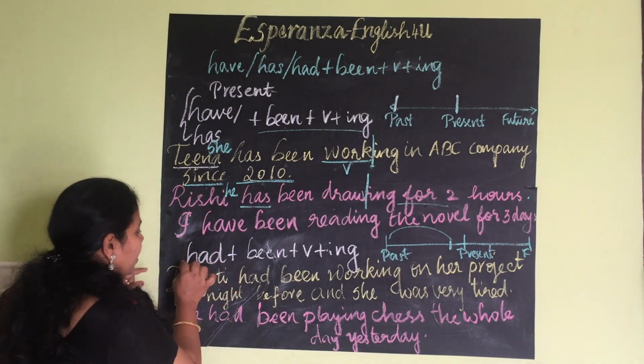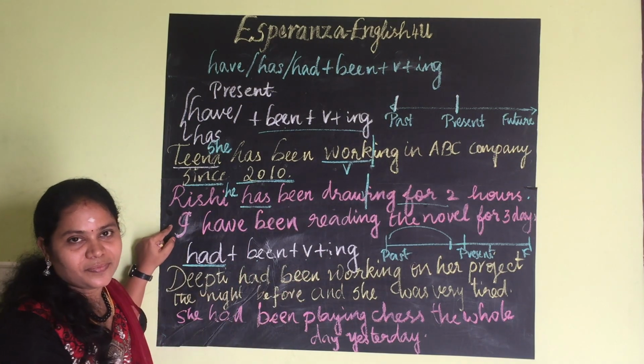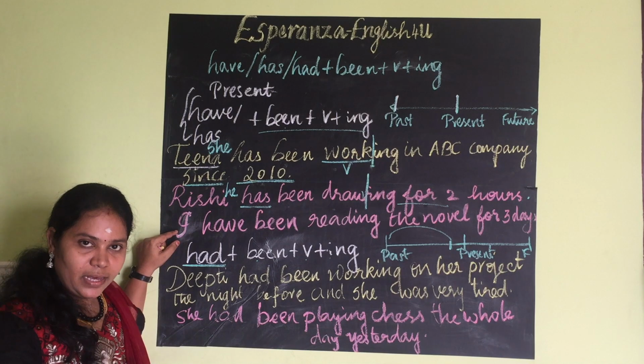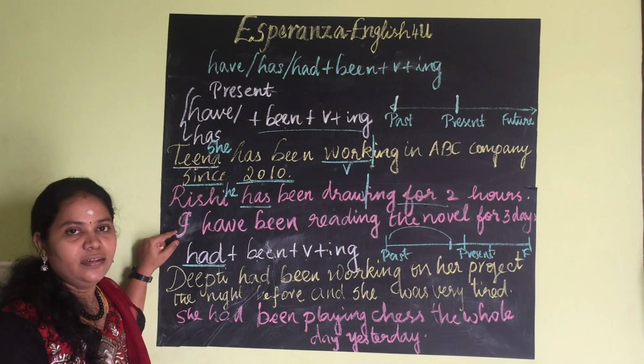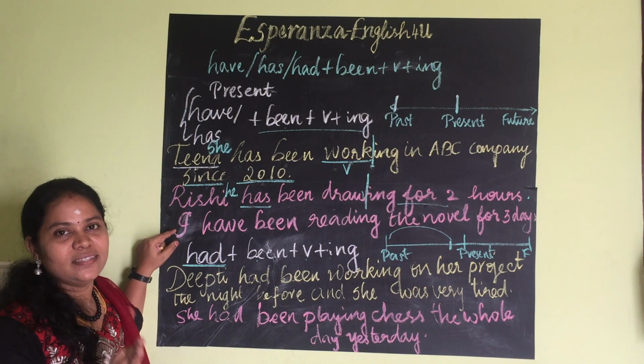The same thing, only we are adding had. Had plus been plus verb plus ing. Clear? So if the action has already begun, it started already and it ended in the past, there we can use past perfect continuous tense.